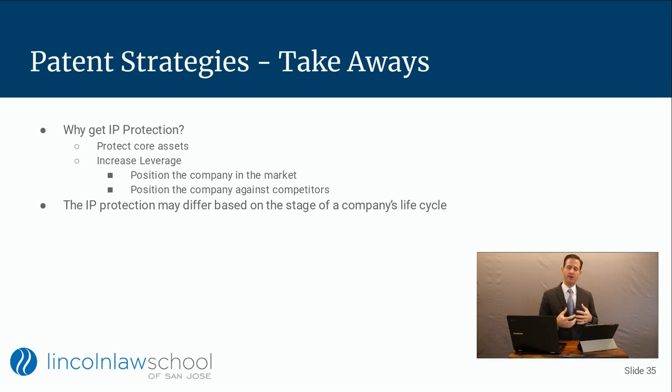When you start talking about market protection, offensive, defensive use, what you're really doing is looking at leveraging your position in the market. And so what patents allow you to do is to increase that leveraging potential. You can position the company in the market, you can position the company against other competitors. And both of these strategic type alignments allow you to increase, again, your leveraging potential.